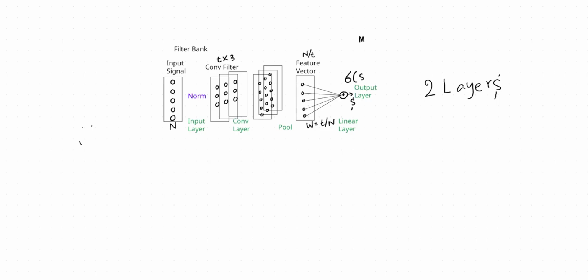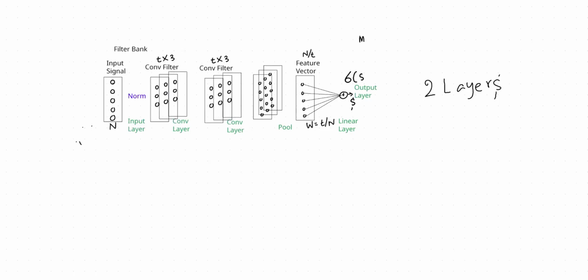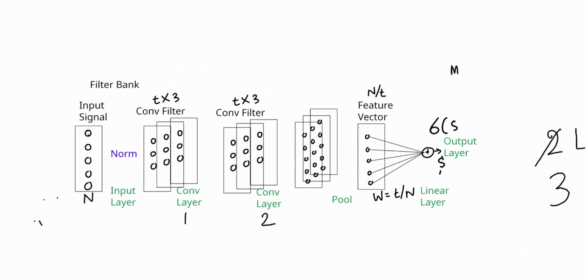For example, we can expand this neural network by having two convolution layers. So now we have convolution layer 1 here and convolution layer 2 here. And when we count the linear layer, there are 3 layers. But as you know, convolution operation is a linear operation.